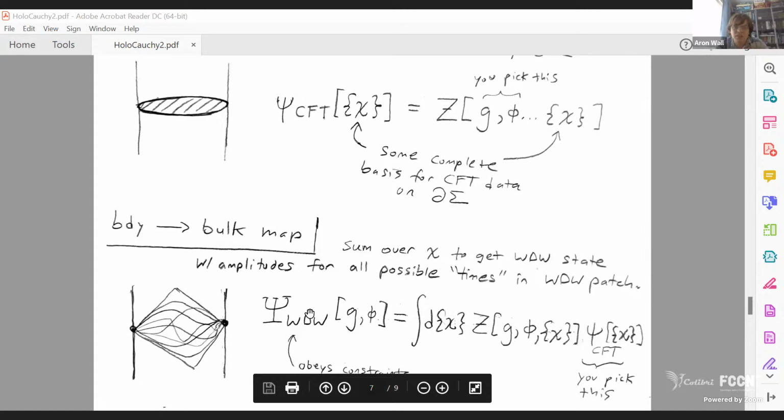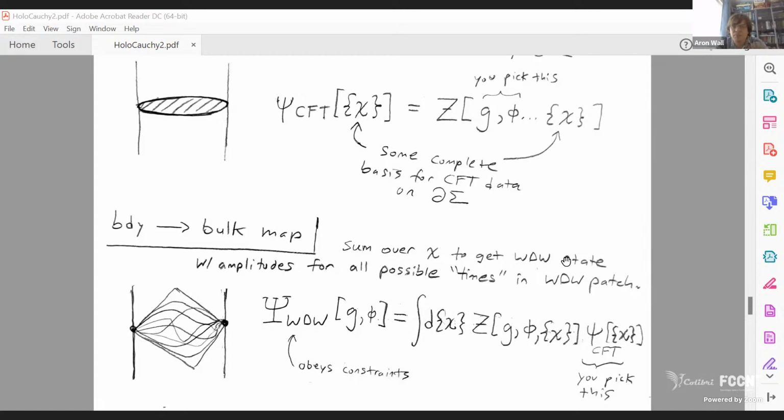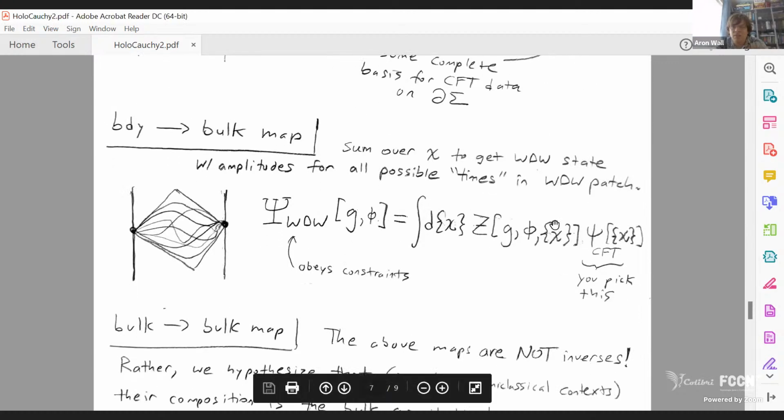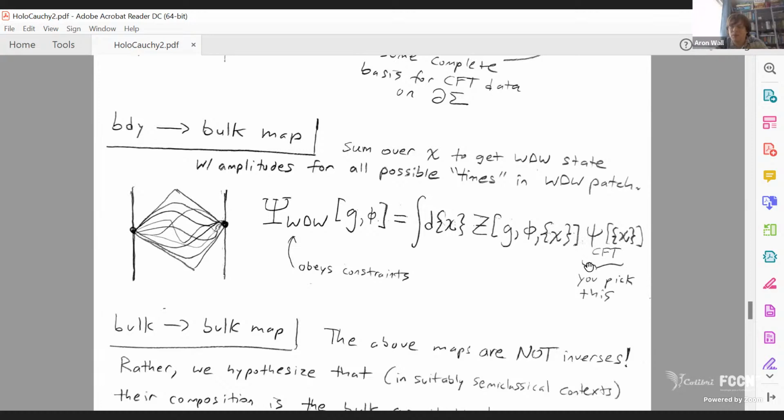So you get that Wheeler-DeWitt state by, again, you start with the same partition function, but now we multiply it by the CFT wave function, which is the part that we're going to pick. And now we're just going to integrate over the chi variables, which is equivalent to imposing the inner product on the boundary side of this dictionary.